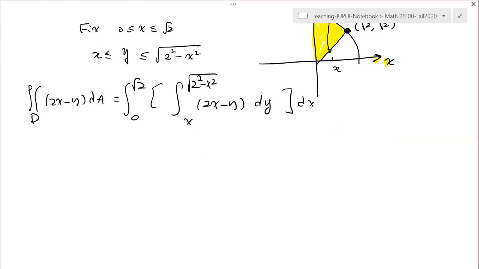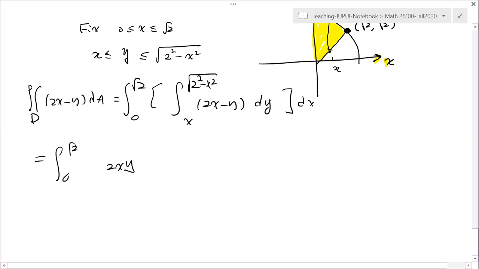That's a little bit complicated, so let me show you one more step. I just want to tell you, you can evaluate the integral. The antiderivative of this will be 2xy minus y squared, half of that, right?